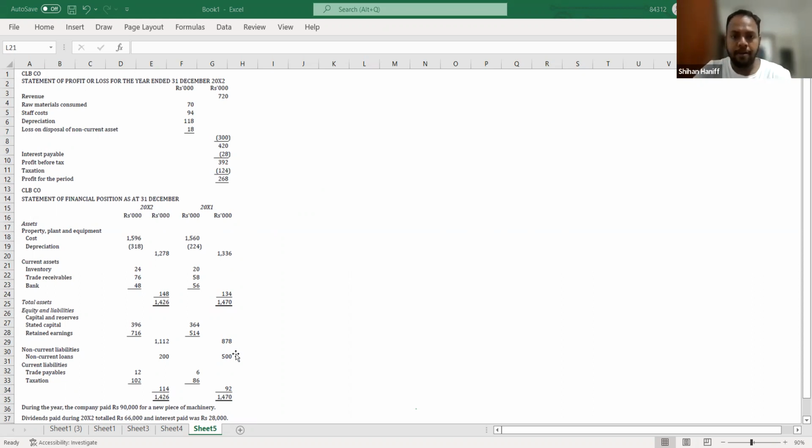Draw the format. So direct method in your format, as I said at the beginning, we need workings for trade receivables, trade payables, and operating expenses. Let me draw the format.